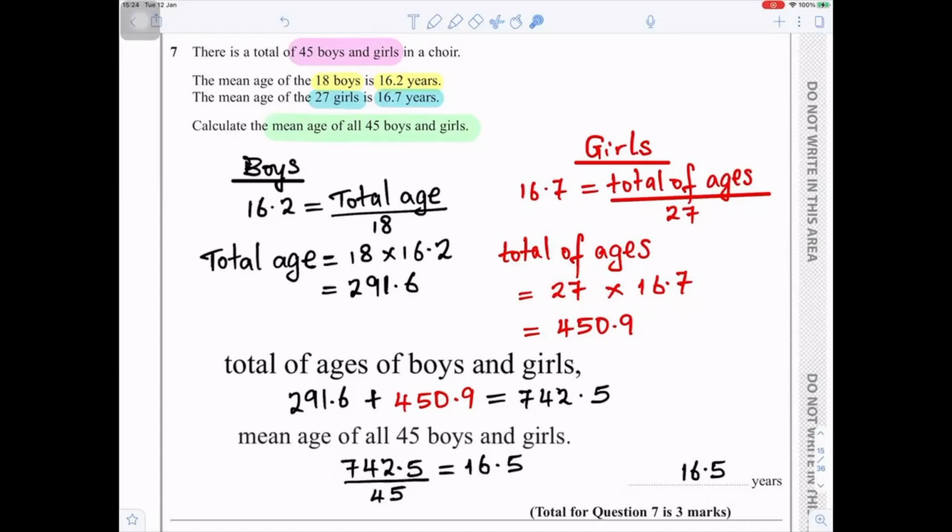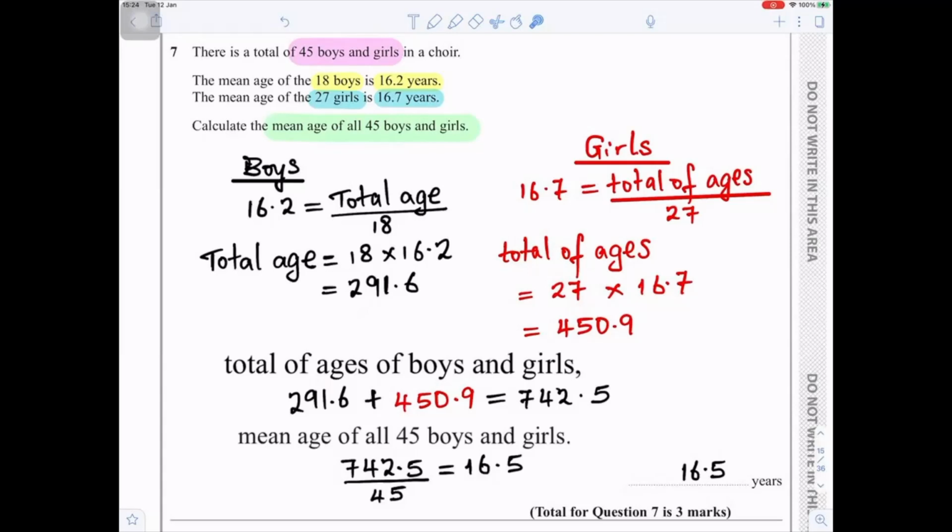So the total of the ages of all the girls is 450.9. So what we want to do now is to find the total of ages of boys and girls. So 291.6 for boys plus 450.9 for girls gives you a total of 742.5.